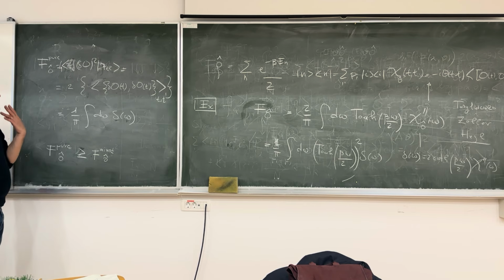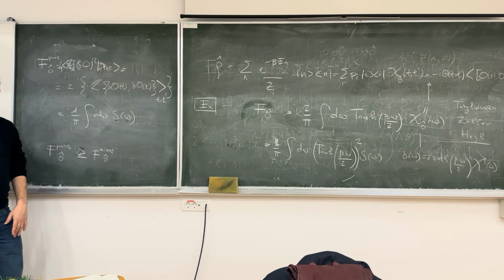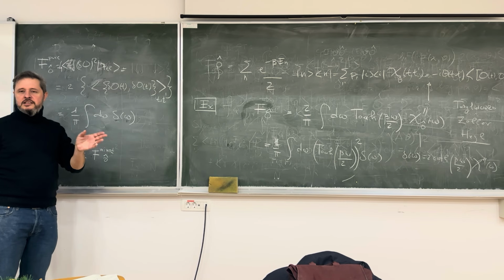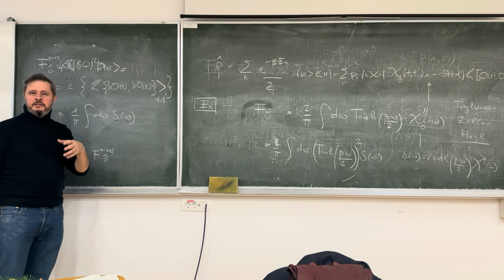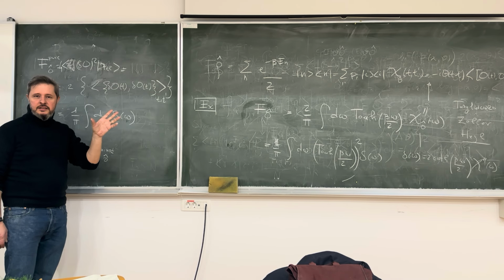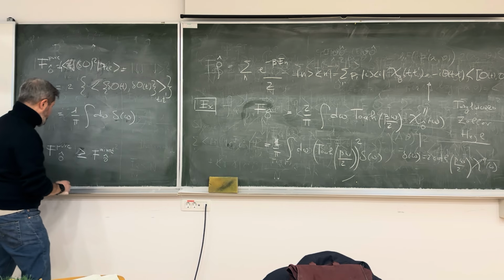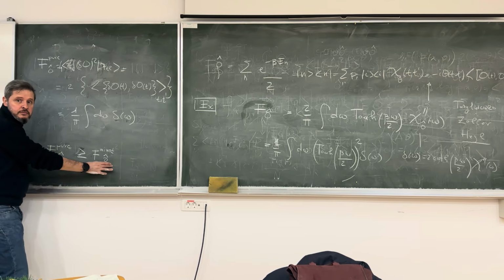Now, one could say, okay, my advisor when I was doing my PhD was always telling me, who cares if something is greater than something else? It's important only when there is a qualitative effect. A qualitative effect could be if this one, for example, is divergent with system size and this one is finite.